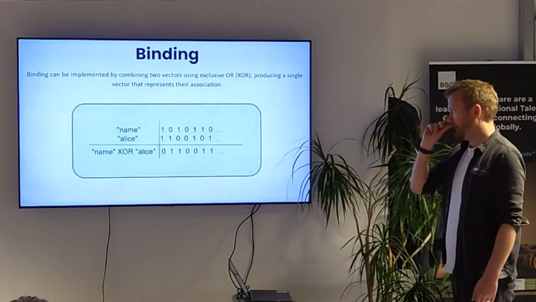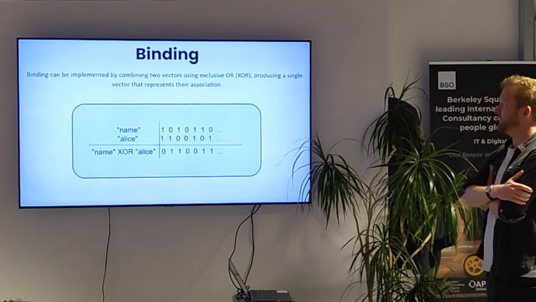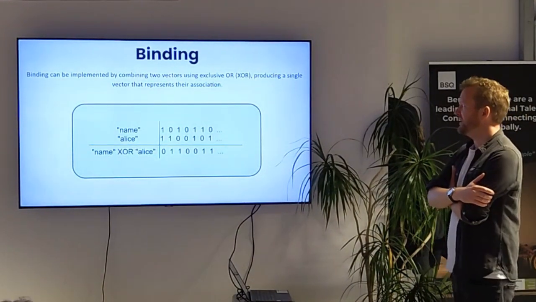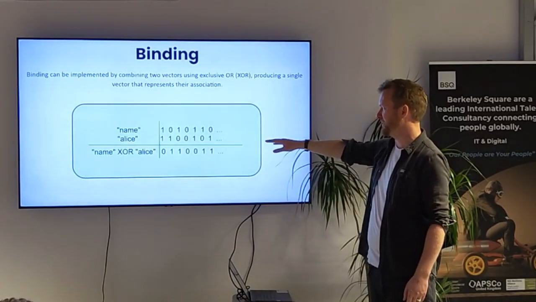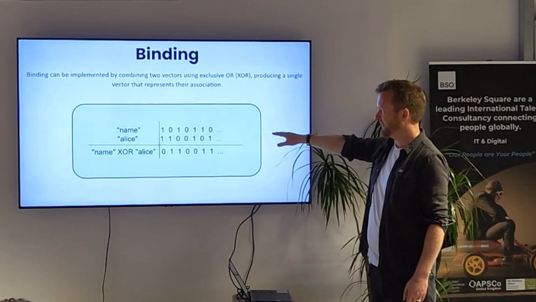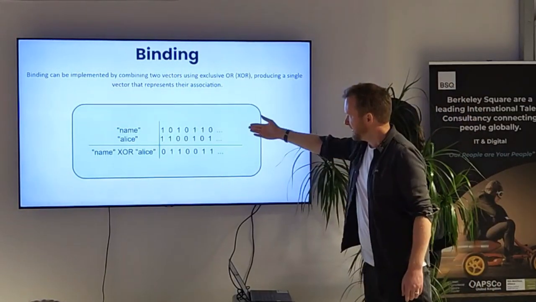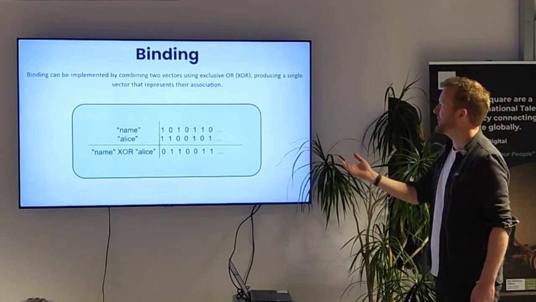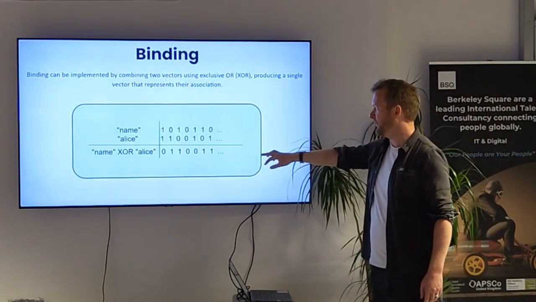The way that we're going to do that is by combining the two vectors using an exclusive OR operation, which is going to produce a single vector that represents their association. I think everyone might be familiar with this, but if you're not, you take the seed vector for name, you take the seed vector for Alice, and then you just compare the columns, right? An exclusive OR just means if exactly one of the inputs is 1, then the output is 1.